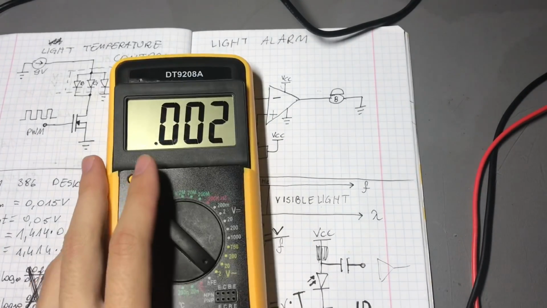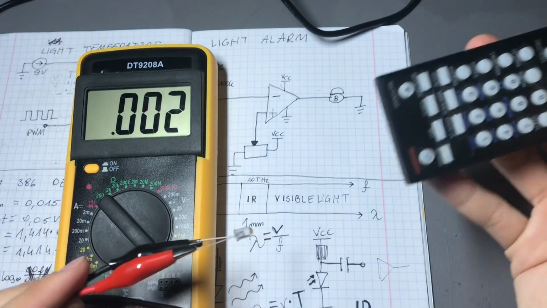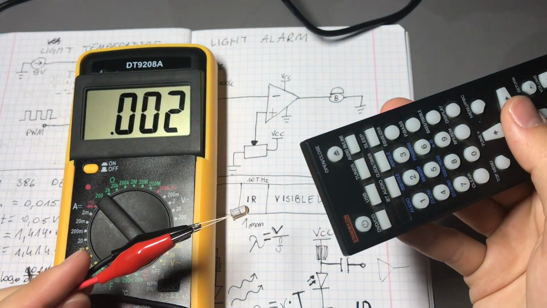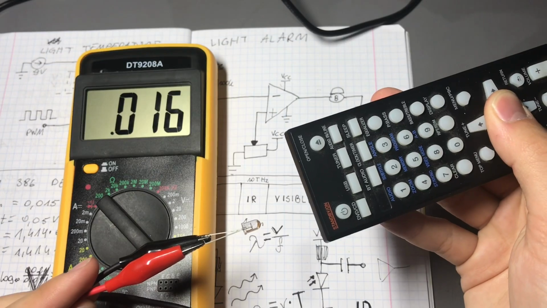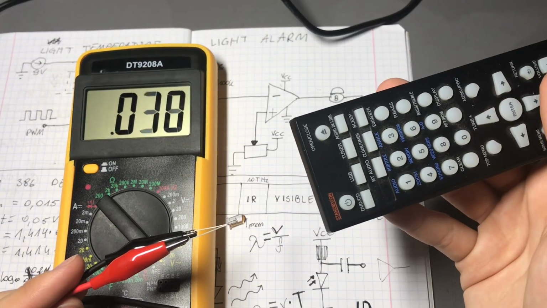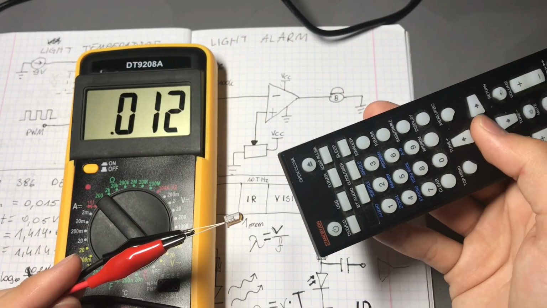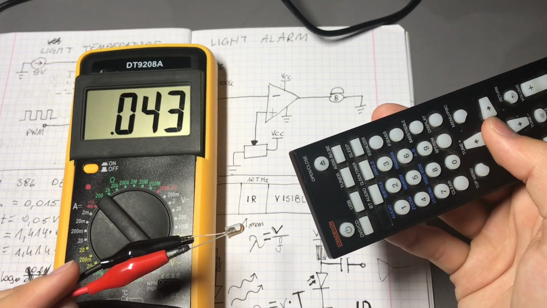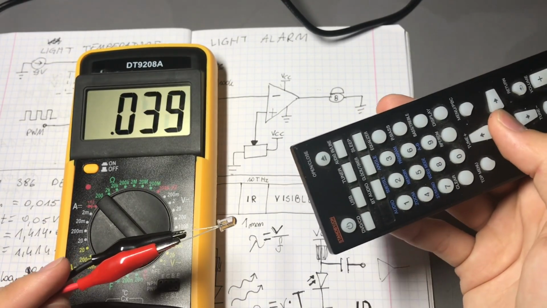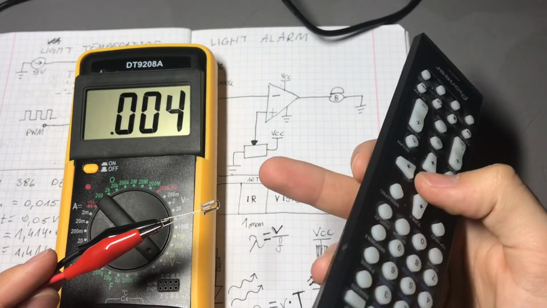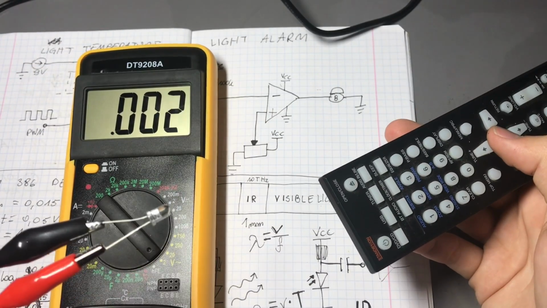Here we have a little receiver LED and a remote control. And as you can see, when I press the button, the voltage increases, and when I release the button, it goes down again. So that's the easiest way to show you that infrared is received by the photodiode.